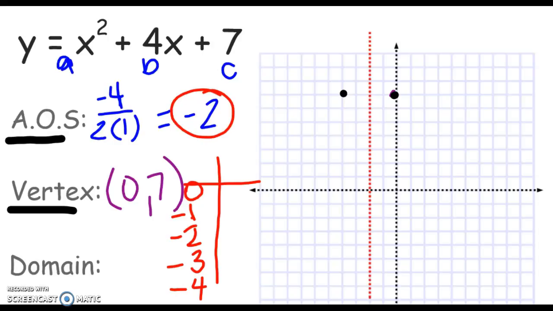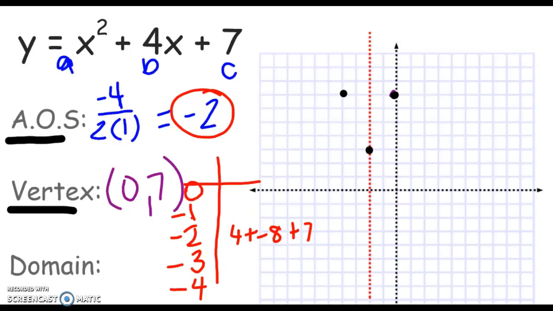So I've got negative 2 squared, which is 4, plus 4 times negative 2, which is a negative 8, plus 7. So 4 plus a negative 8 is a negative 4, plus 7 is going to give me 3. So on my graph, I'm going to go negative 2, up 3.